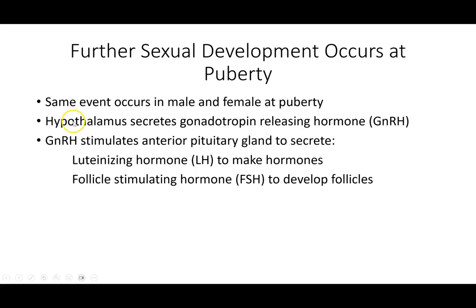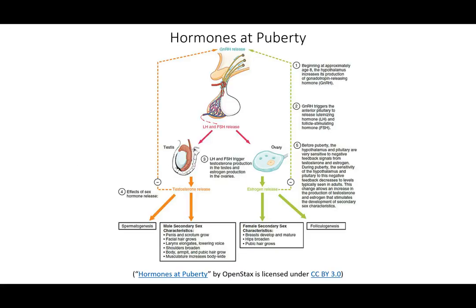So the hypothalamus will start secreting that gonadotropin-releasing hormone, which will trigger the pituitary gland to produce luteinizing hormone and follicle-stimulating hormone, which will start getting the gonads producing their respective gametes and hormones. So that gonadotropin-releasing hormone starts at puberty in really high levels.